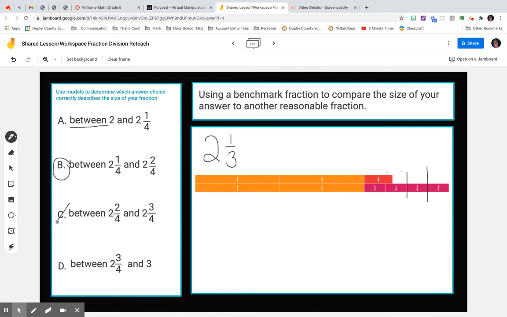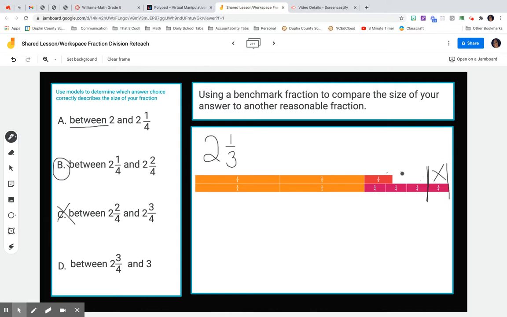No, it does not. That is bigger than my answer. And last, does it fall between 2 3/4, which we just determined where that was, so 1/4, 2/4, 3/4, and 3 whole? And that's way too big.